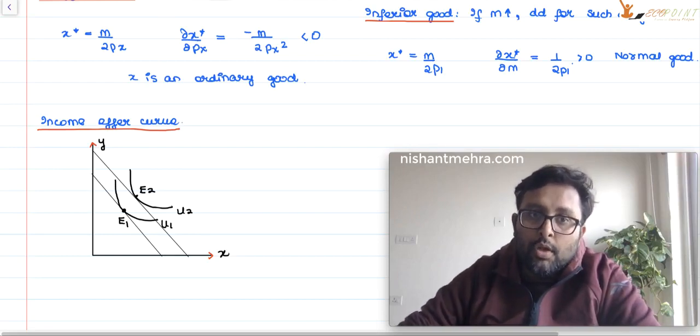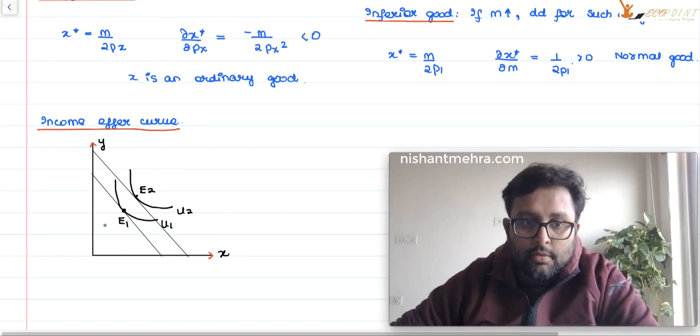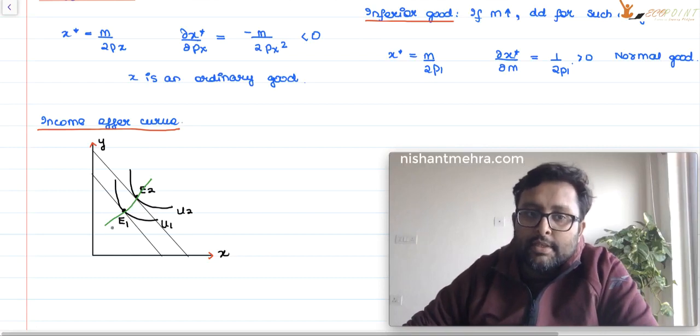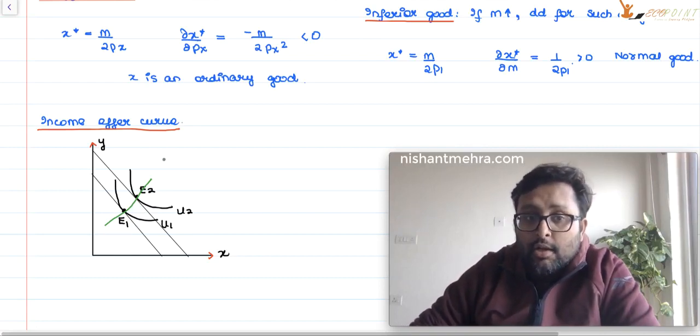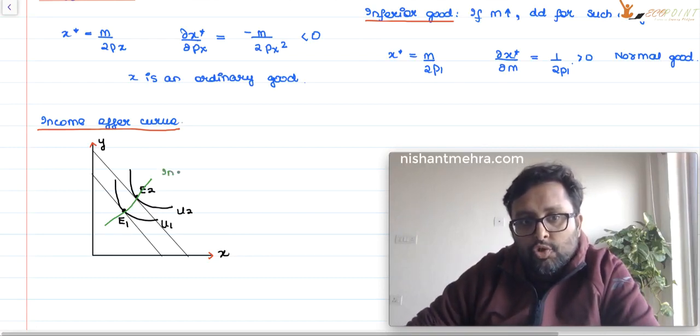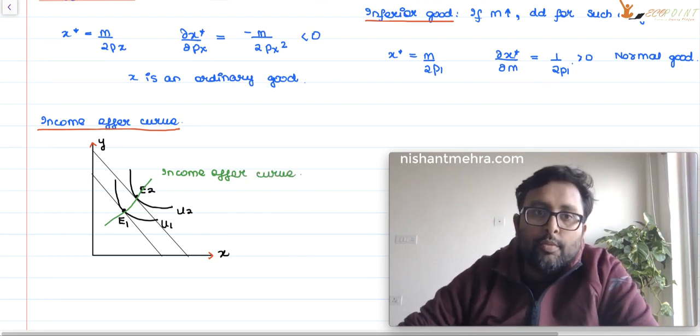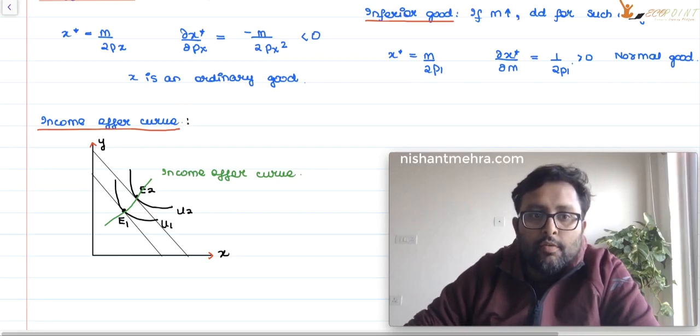Well, if you join these points, what you're going to get is the income offer curve. Join the equilibrium points, right? So what is the income offer curve?